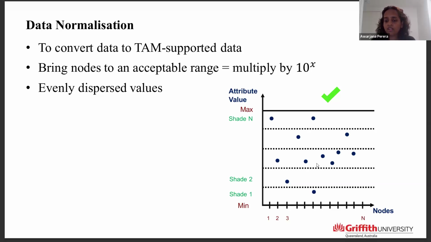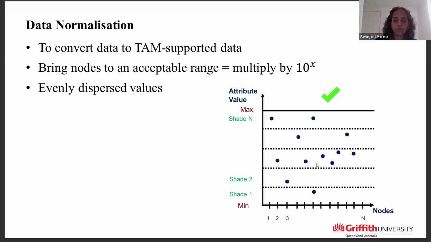If we look at this diagram over here, this is the ideal dispersion of data values to be used in TAM. In TAM, we could see different color shades. These color shades are generated based on the values of the graphs. The TAM algorithm first identifies the minimum value in our data set and the maximum value, and calculates a mid value based on those two.